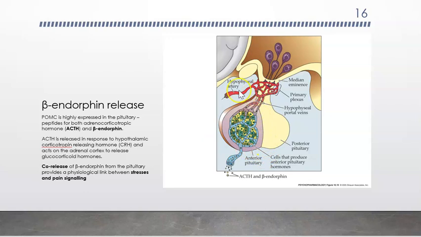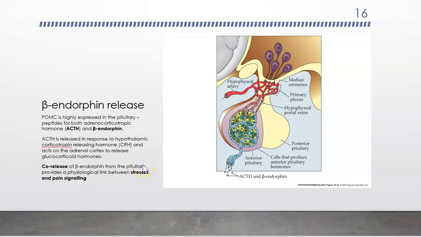Now, we're finding it in the anterior pituitary because remember there's only a select number of hormones that are made in the posterior. Look that up if you don't remember. So in the anterior pituitary gland, we get high expression of POMC, and from POMC we cleave our two peptides, ACTH and beta endorphin.